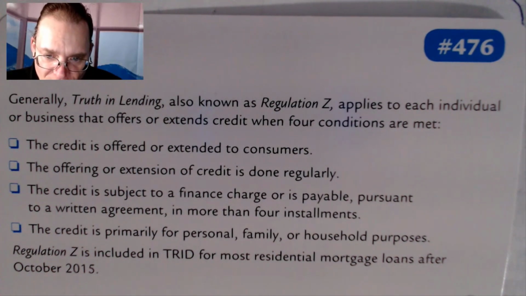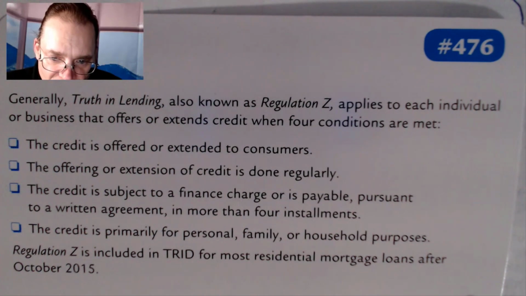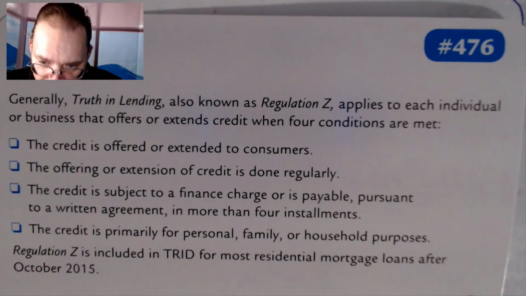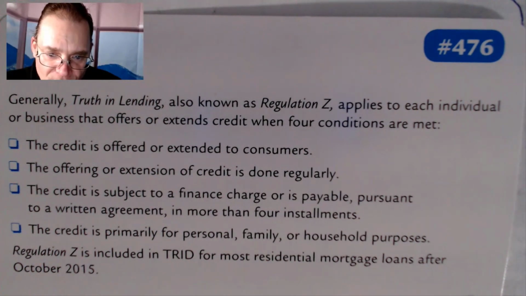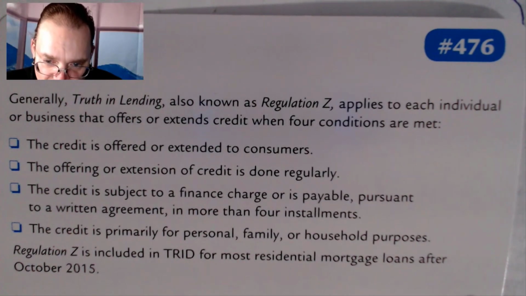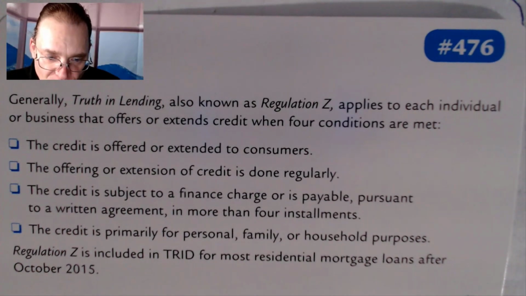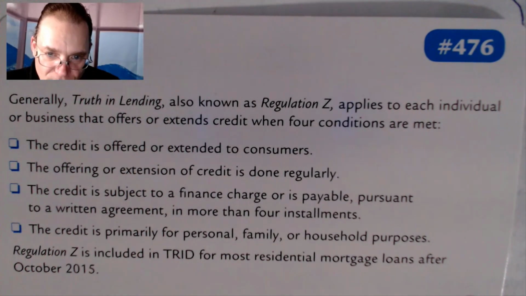The credit is primarily for personal, family, or household purposes. Regulation Z is included in TRID for most residential mortgage loans after October 2015. Okay? Truth in Lending, Regulation Z.